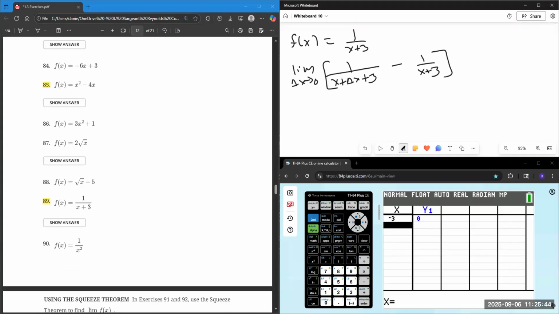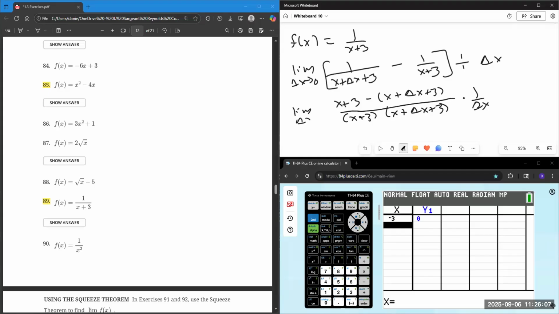All that is divided by delta x. Make a common denominator here: x plus 3 minus x plus delta x plus 3, over x plus 3 times x plus delta x plus 3, times 1 over delta x. Limit as delta x goes to 0.